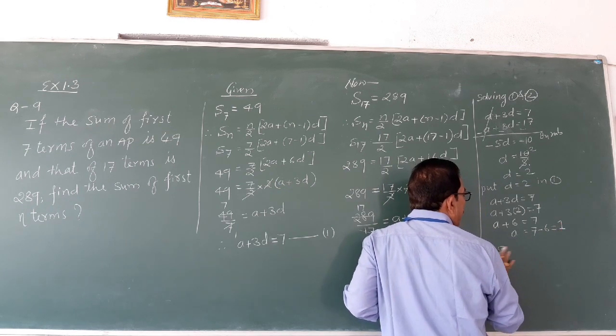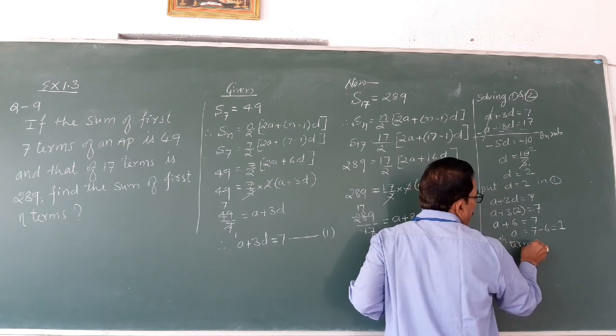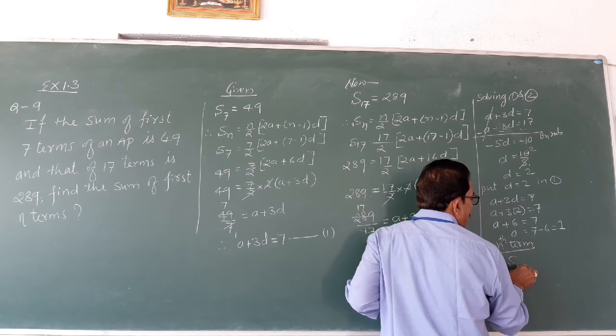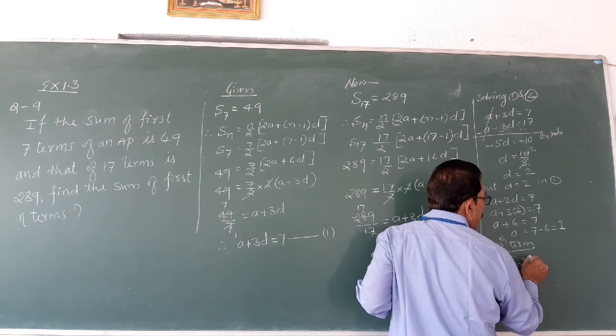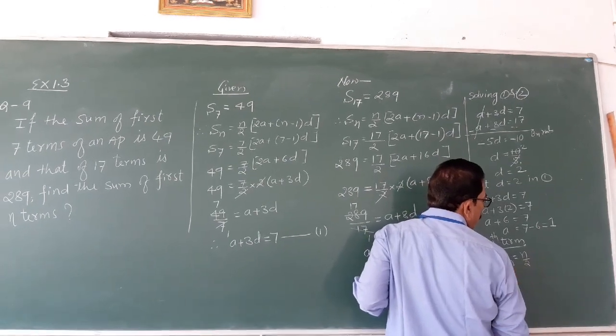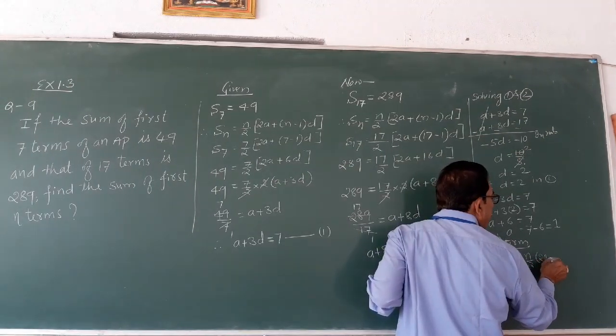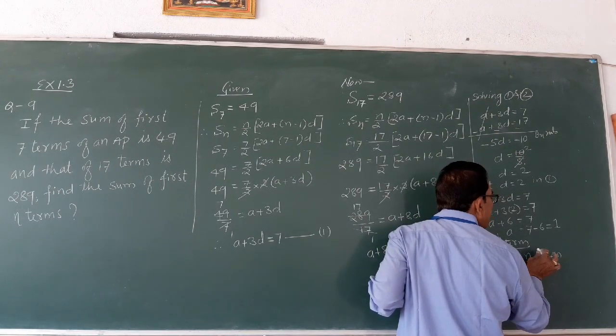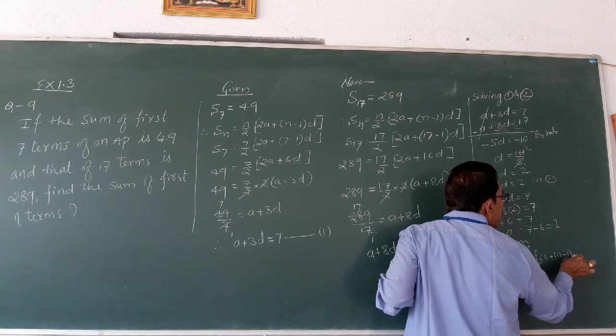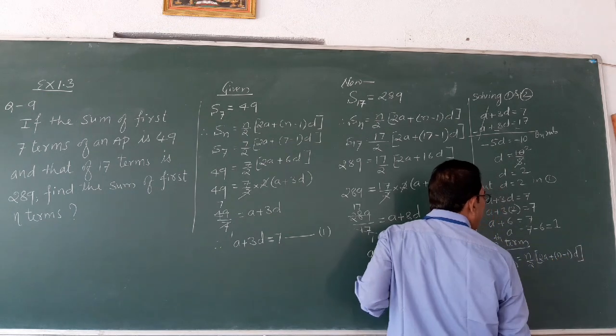Now, the nth term. Sn equals n by 2 in the big bracket 2a plus n minus 1 into d.